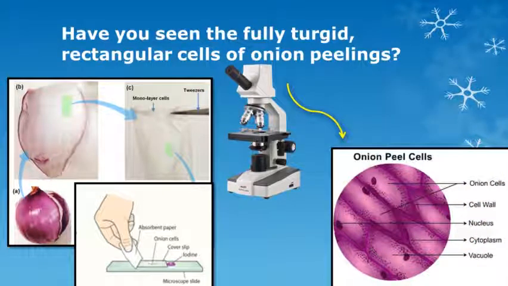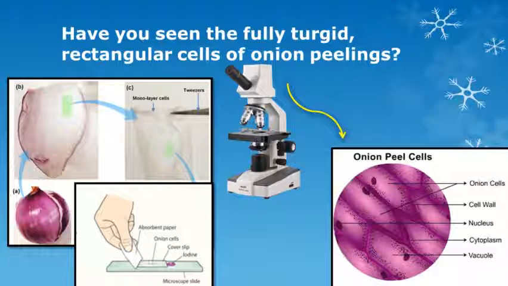From that onion peel layer we can observe this type of cells. Here you can see onion cells. These are rectangular, brick-like onion cells. You can see a proper cell wall, a dark dotted nucleus, and granular cytoplasm in this picture, and a vacuole.